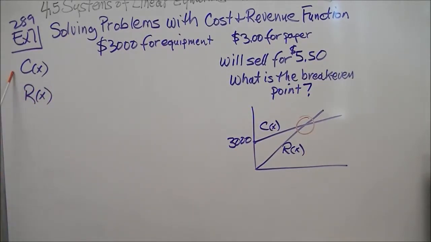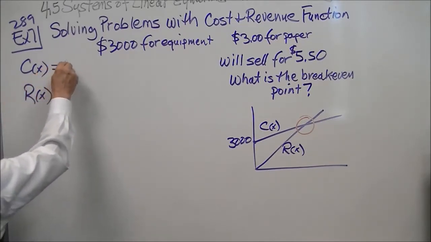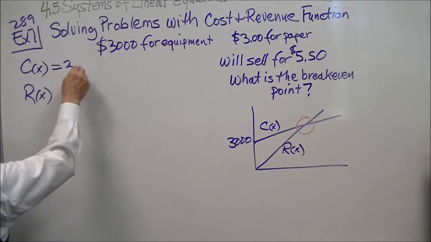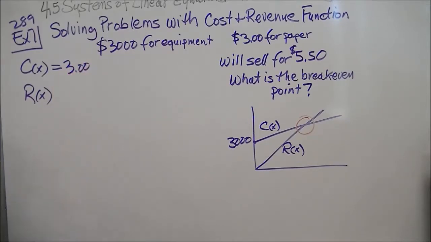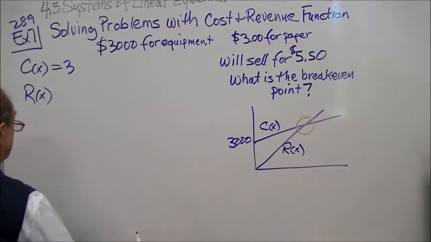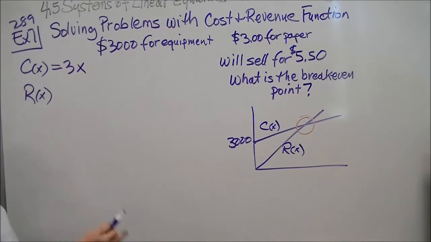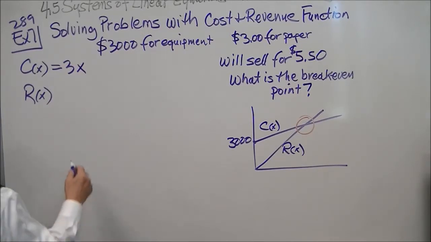So, looking over here, what's the cost? Well, we say the cost is going to be $3, or we can take away the decimal points, we don't need those, for every item of stationery you produce.